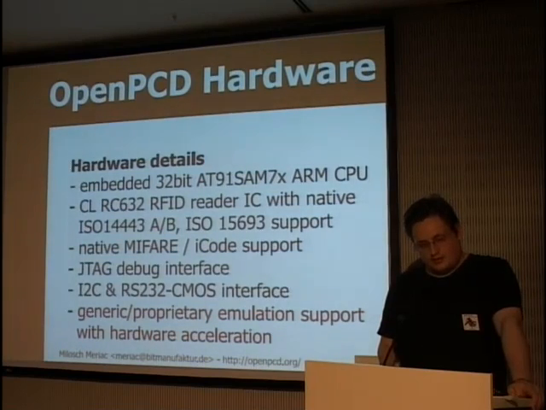Maybe you'll ask why we used this proprietary RFID reader IC, this RC632. The idea was that we definitely wanted to support MIFARE cards. The MIFARE cards are the cards I mentioned before that are used for transportation purposes and, for example, as access control cards.